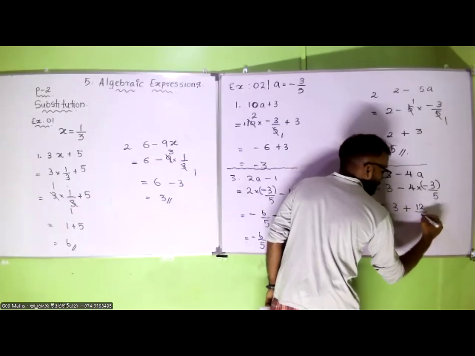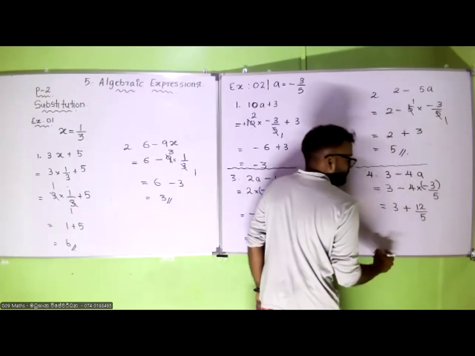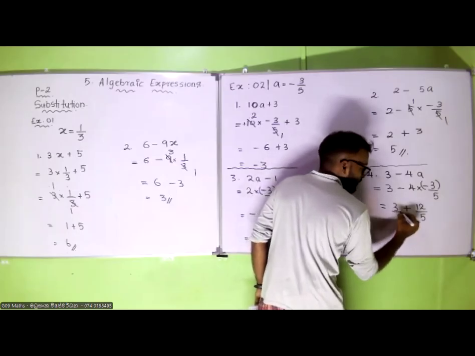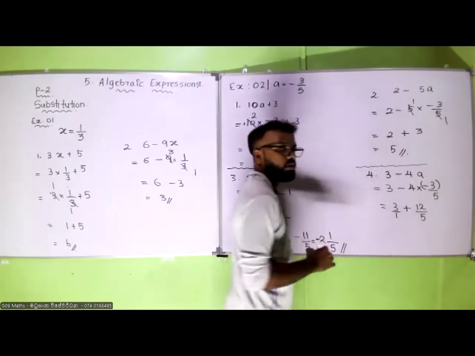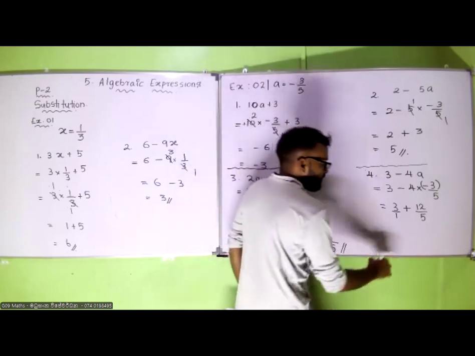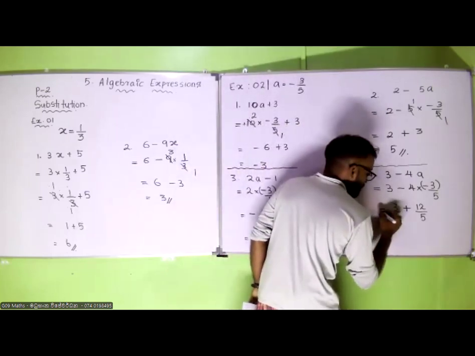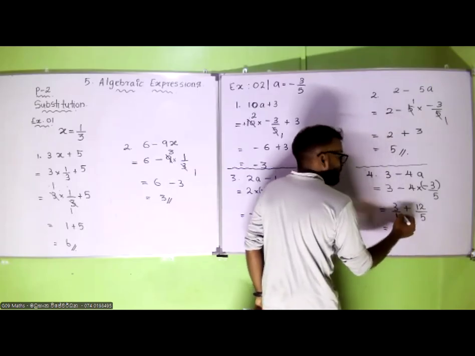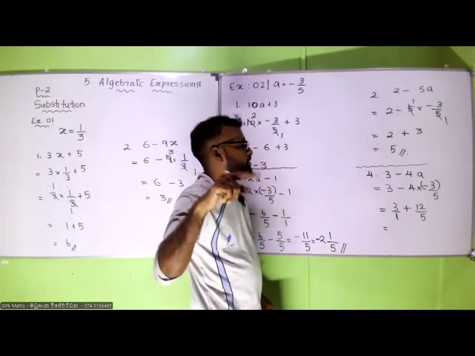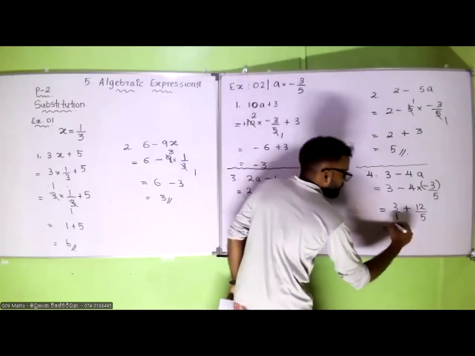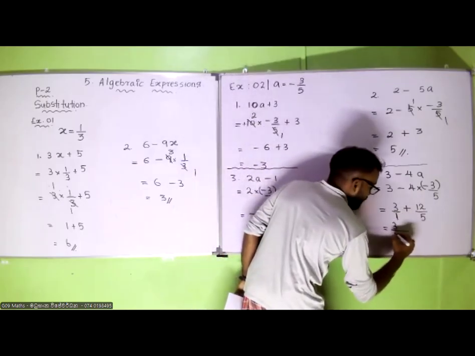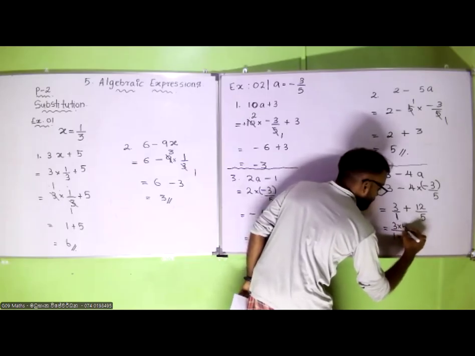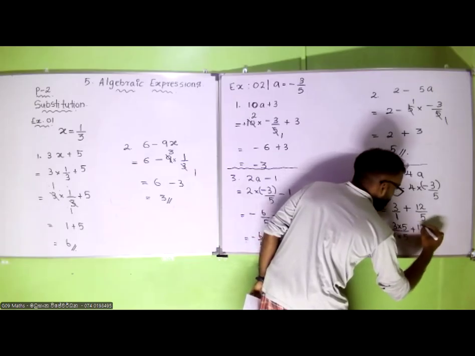Divided by 5, the denominator. Now here you have 3 in the numerator, and the denominator you are having 1. If you can remember, I have done these things. If you want to obtain equal denominators, you are going to multiply both numerator and denominator by 5 itself. 12 divided by 5.